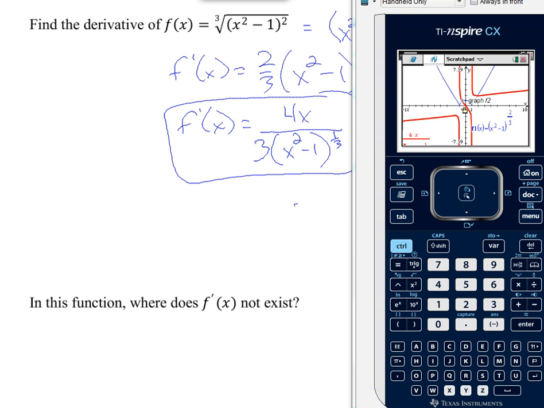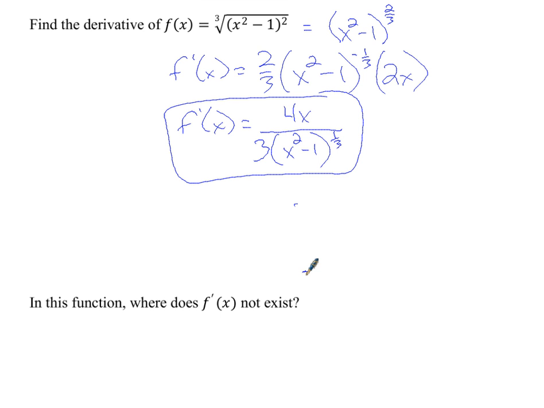Kind of an interesting result, I think. So in this function, where does f prime of x not exist? 1 and negative 1. You can see that from right here when x equals plus or minus 1. You can also kind of assume it from the graph, but again, that's a dangerous thing to do. You can see in the graph that there's a vertical asymptote, and then that will help you realize that I can do the algebra here to come up with where that vertical asymptote is.